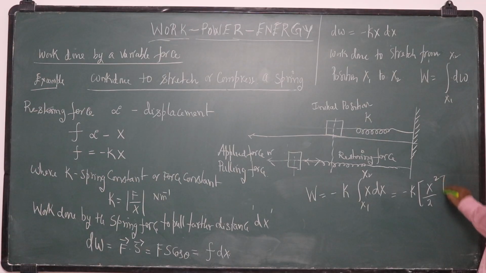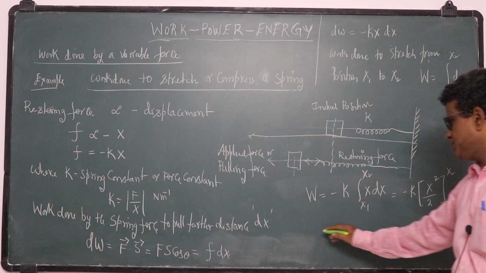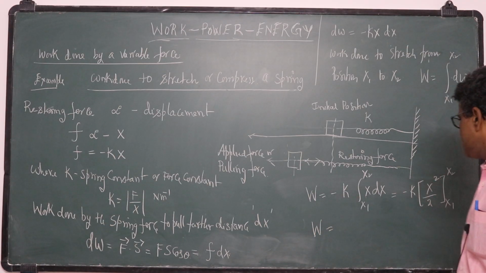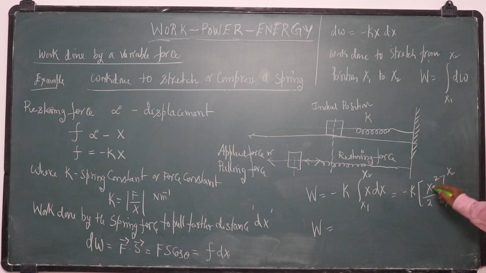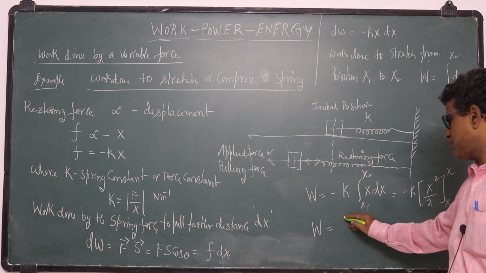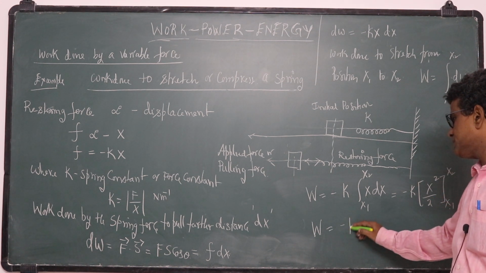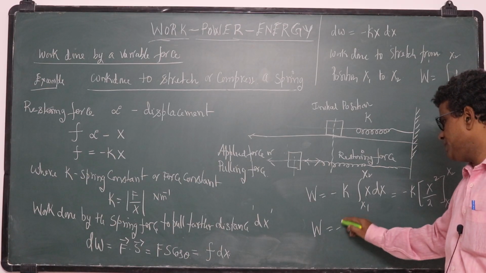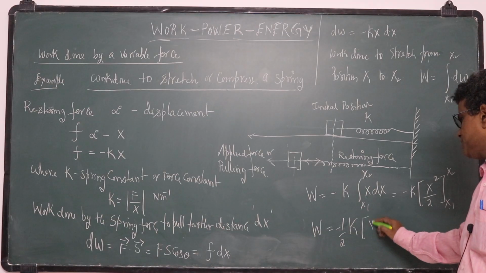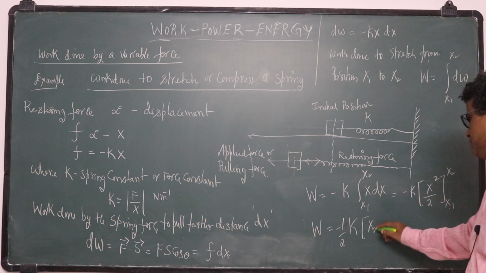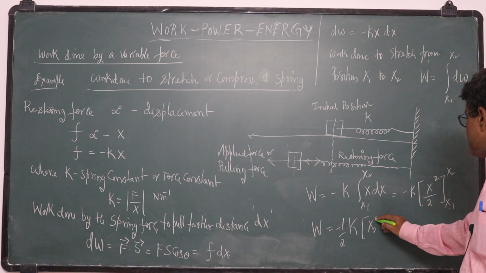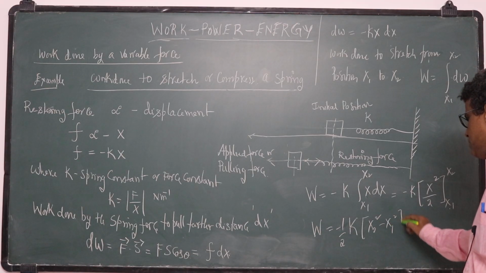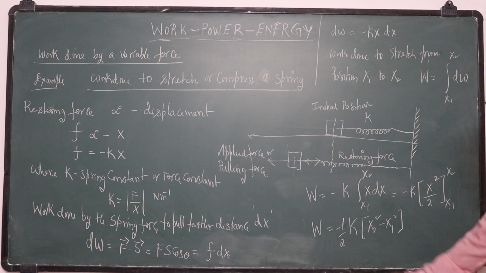After integration, you substitute the limits x1 to x2, so the work done is minus half k into x2 square minus x1 square. Okay, this is work done by this spring force.